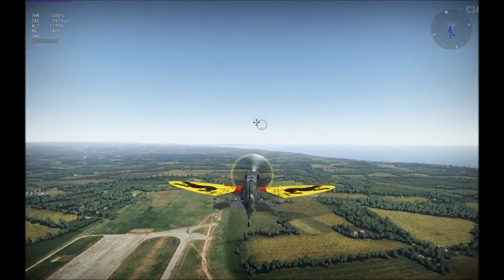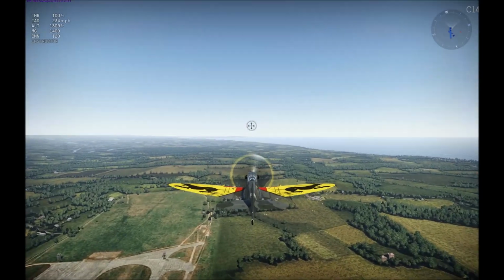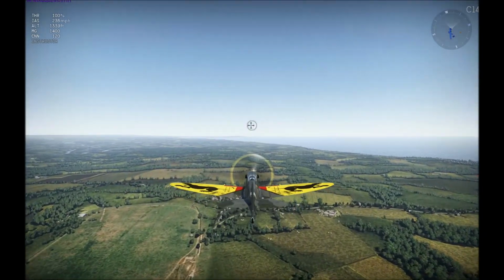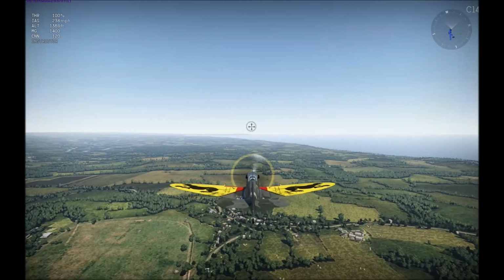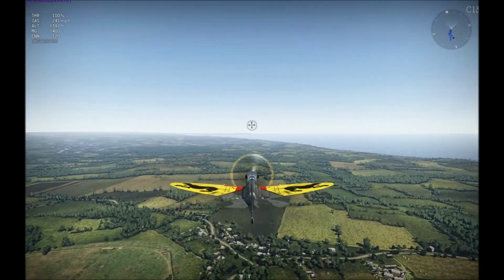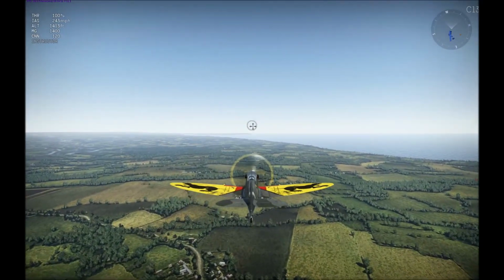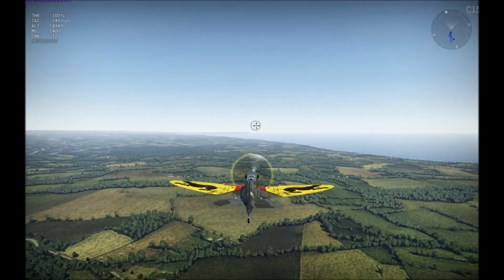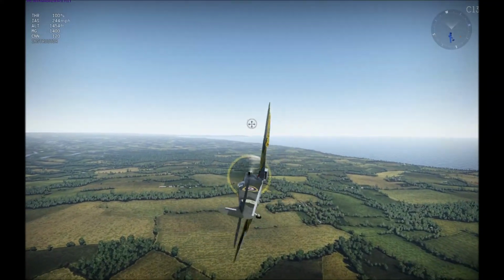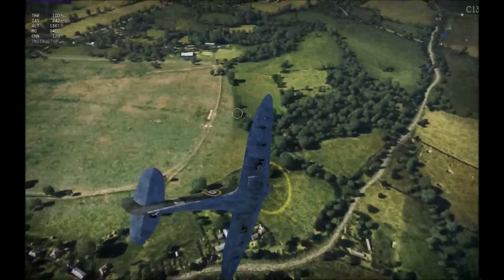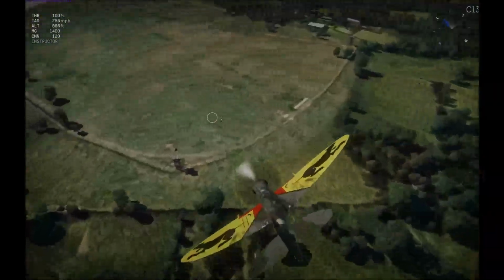So we can just say, okay, I might have gained 10 miles per hour during that turn I just did. But if there's an enemy coming back, going the opposite direction of me, and I want to get behind them, well, I can come around and trade a lot of my altitude.